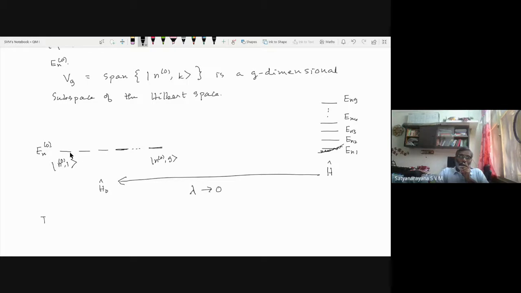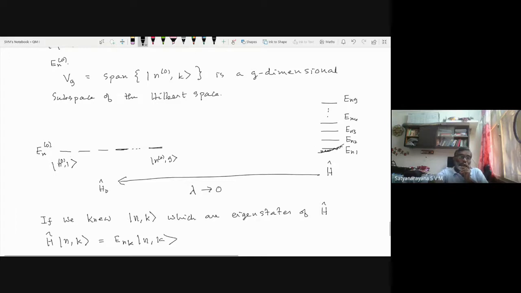That is, if we knew, of course we don't know, these n comma k, which are eigenstates of H, so that H n comma k equals E n k times n comma k.